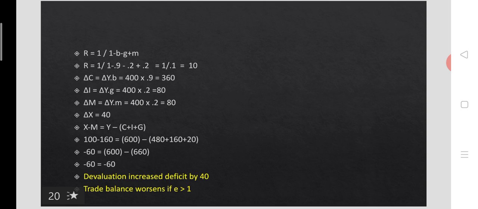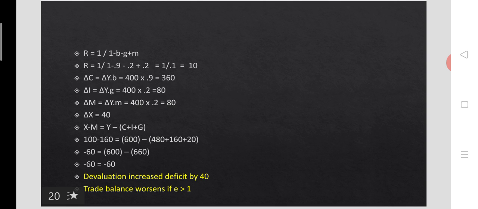So investment increased by 80 after devaluation and the consequent change in income. And here delta M, or change in import, is calculated with M being 20% or 0.2. When it is multiplied with the change in income, we will get the change in import.